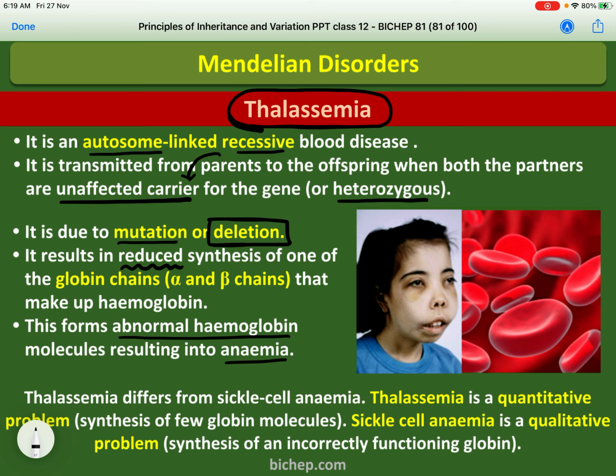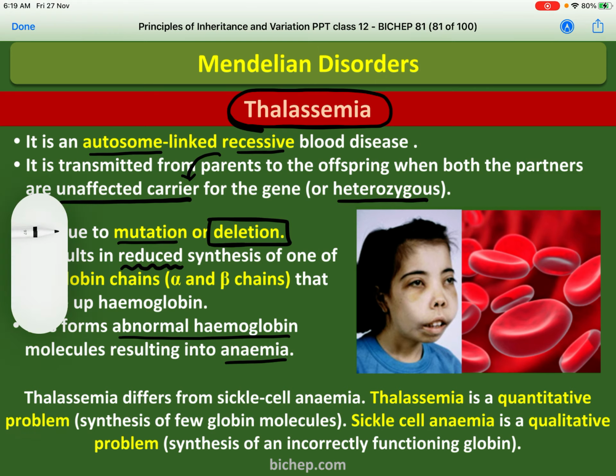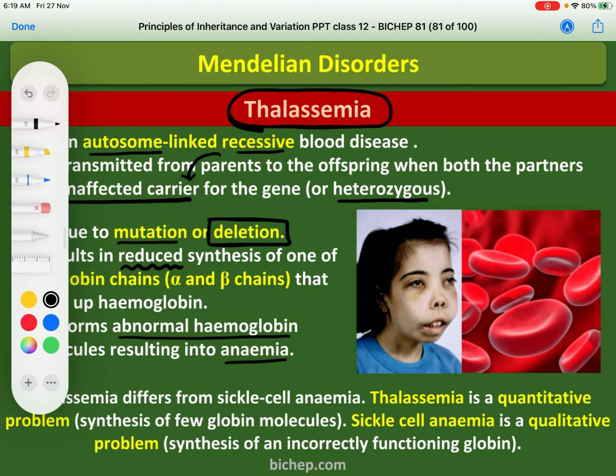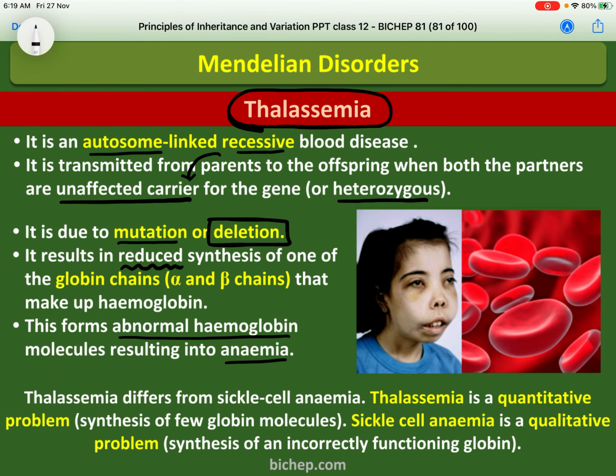Now, it is not sickle cell anemia, it is very different from sickle cell anemia. In what manner? Thalassemia differs from sickle cell anemia because thalassemia is a quantitative problem.